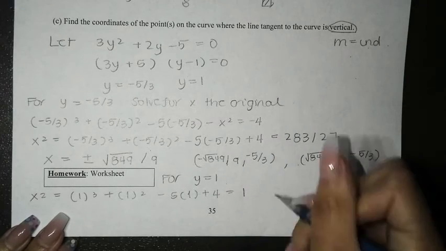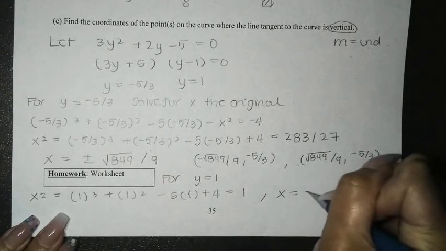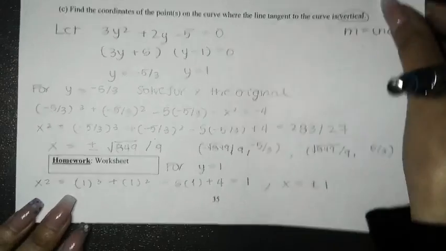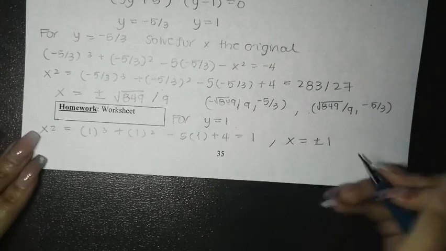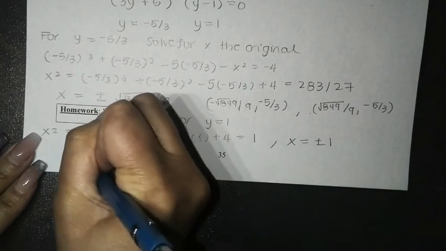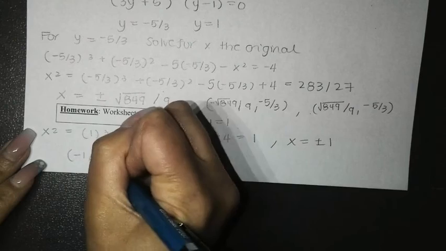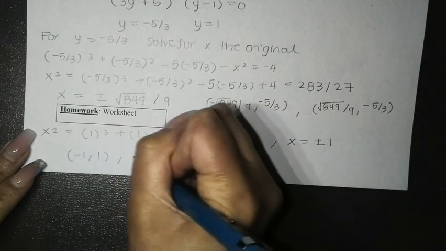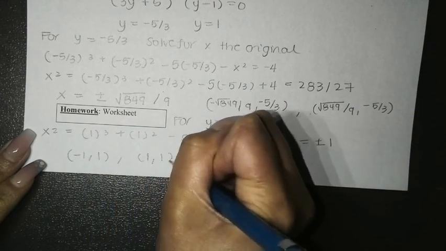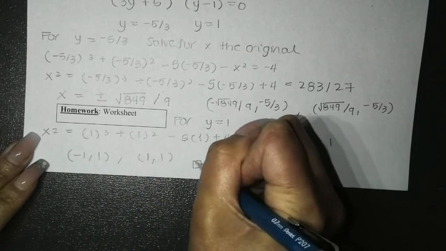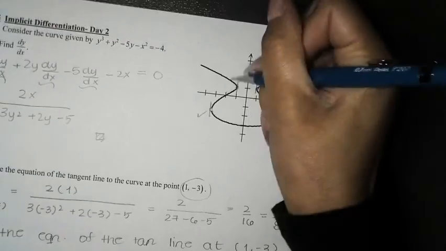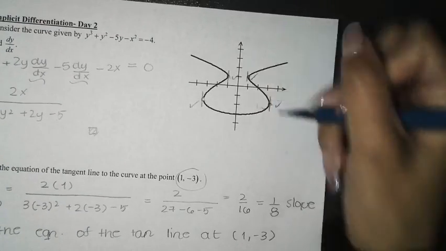When you take the square root, x is equal to plus or minus 1. Therefore, your other 2 points are (-1, 1) and (1, 1). So we found these 2 points as well.